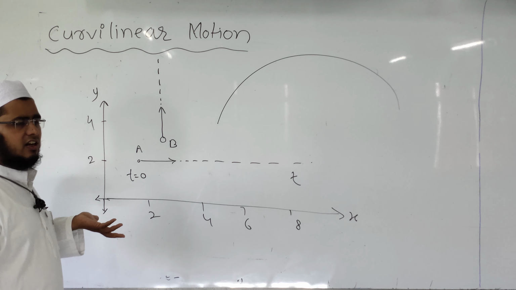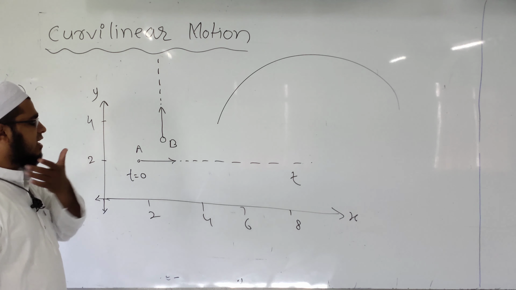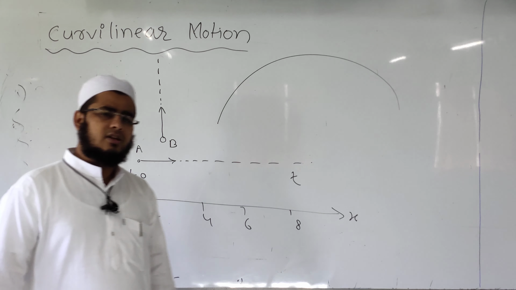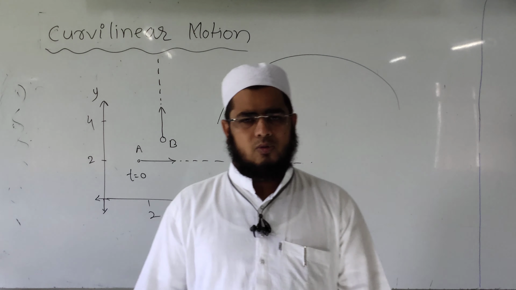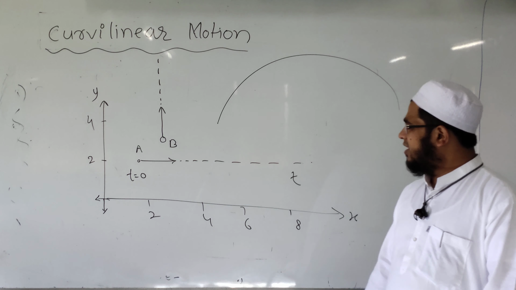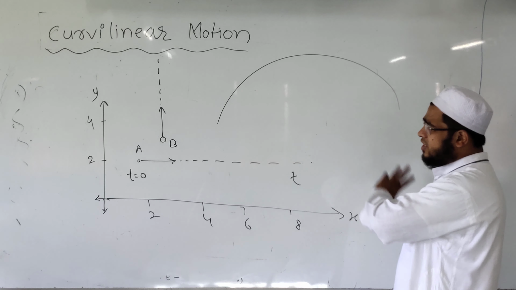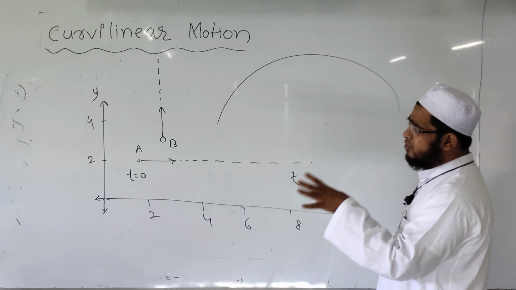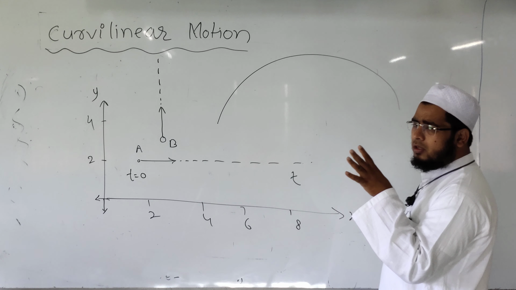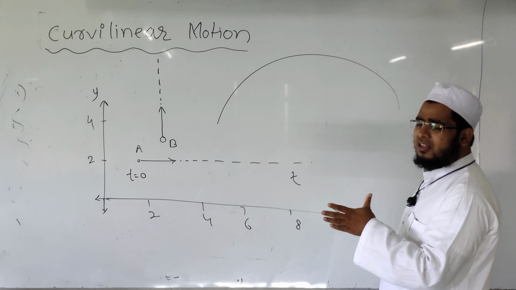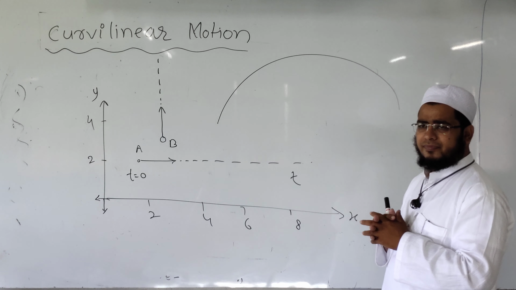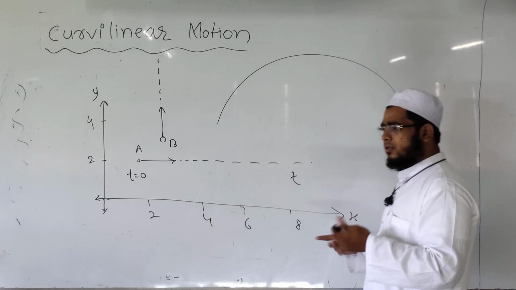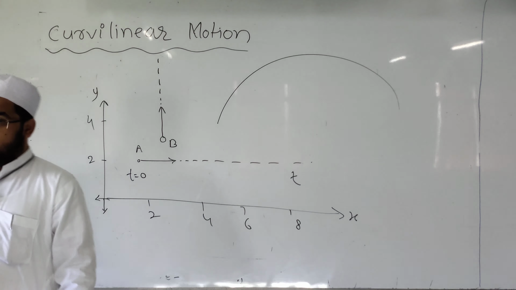And in the case of motion under gravity, the acceleration becomes acceleration due to gravity, which is always acting in the vertical direction. So in general, in rectilinear motion, the displacement, position, velocity and acceleration are along the same line, and ultimately the other coordinate becomes 0 because there is no change.